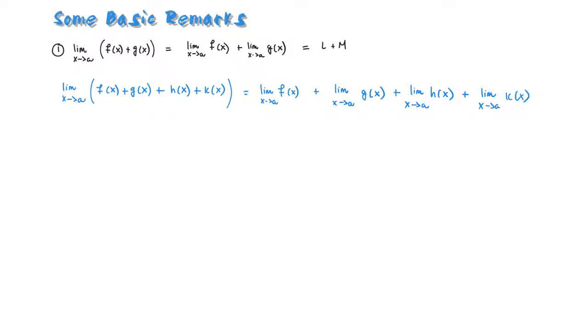And then because these individual limits exist, you're going to get a real number for this limit, another real number, another real number, and another real number. And you'll be able to add those numbers and get one single real number as the value of the entire limit.